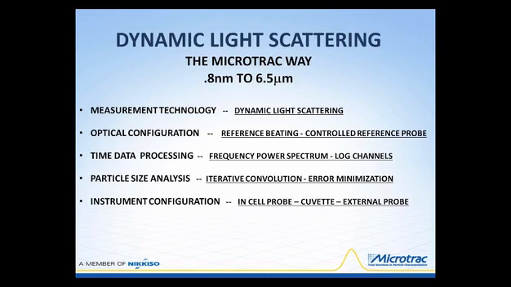We process the time data into a frequency power spectrum and then group it into log channels. That gives us a distribution determining analysis that is a very straightforward iterative convolution with error minimization.